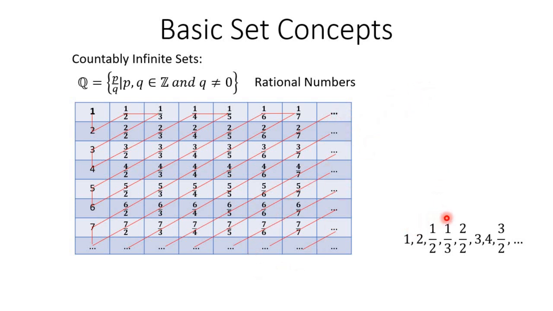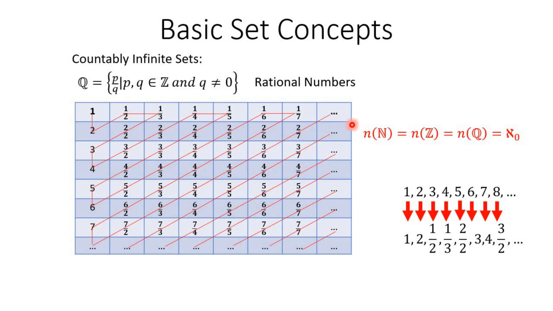So you can write all these out and you'll hit every single fraction. Well, if you can hit every single fraction, that means that you can actually count every single fraction. And it turns out that the rational numbers have the exact same number of elements as the natural numbers. So the number of elements in the natural numbers is the same number of elements in the integers, is the same number of elements in the rational numbers, which is this thing that we call Aleph null. It's the smallest infinity. The smallest infinity.